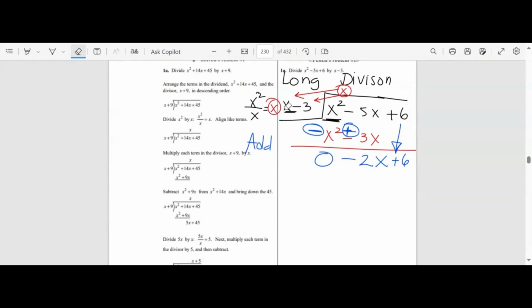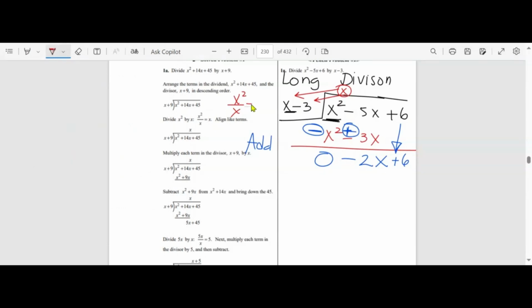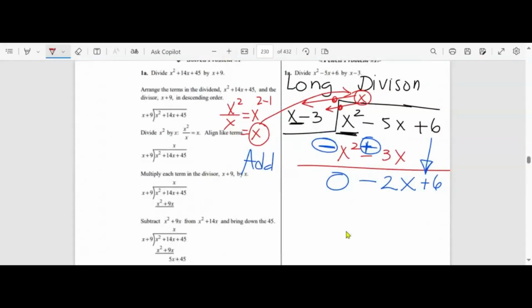X. Just divide x squared divided by x. So x to the power 2 minus 1, which is equal what? X. Take the x and put it where? On the top. And then multiply it 2 times. Is this clear? Yeah, I know.